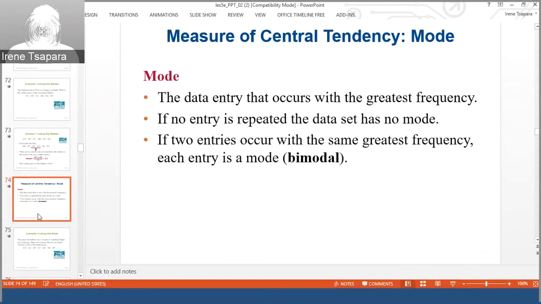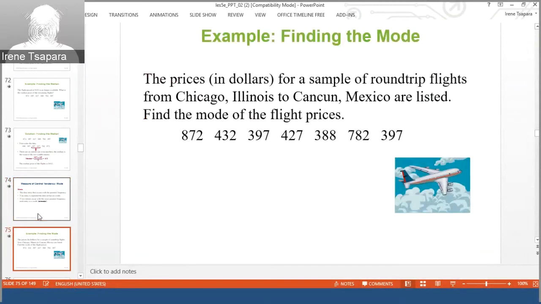If you use Excel, for now, just make sure that Excel doesn't calculate the bimodal and the trimodal sets of data correctly. If you have a situation like this, Excel will give you that the mode here is 397, as you can see.